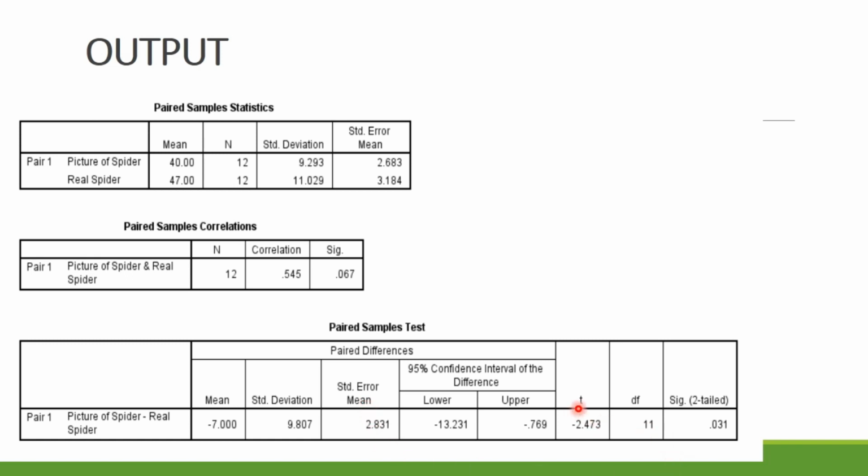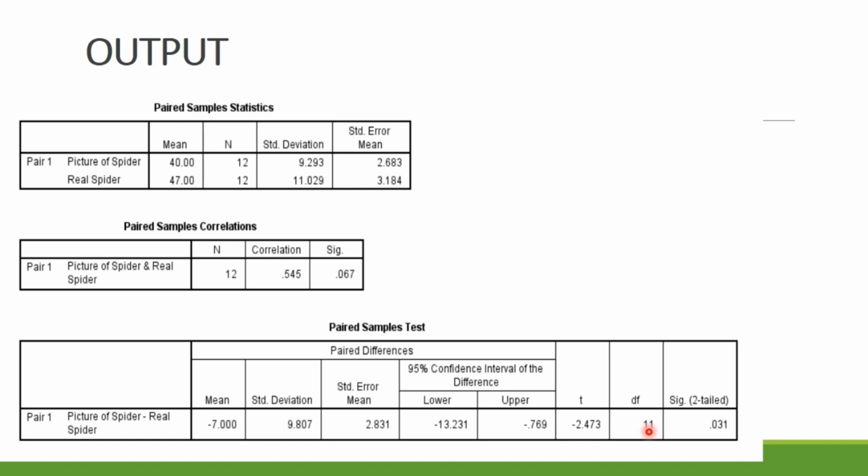So we have here the mean and the standard error mean, which are very important to calculate the t. So SPSS divided the mean, which is -7, by the standard error mean, which is 2.831, to get -2.471. So that's our t value. We also have our degrees of freedom here, labeled df, which is 11, because that's 12, the number of participants, minus 1, 11.